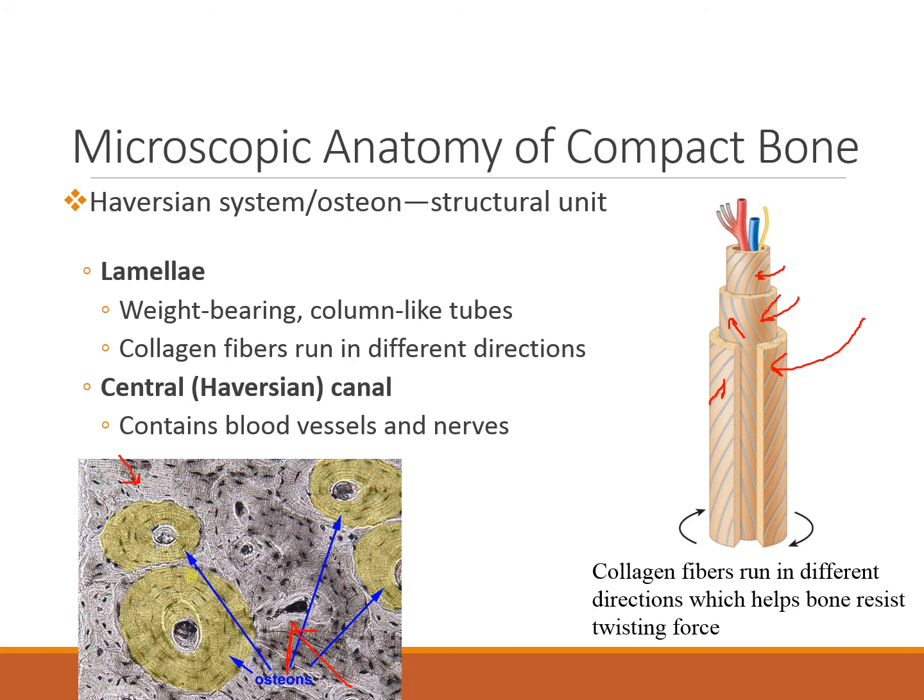This gives bone some resistance to twisting forces. In the middle of each osteon is a large hole or opening, which you can see here and here. This is called the central or Haversian canal. This structure allows blood vessels and nervous tissue to penetrate the interior of a bone.